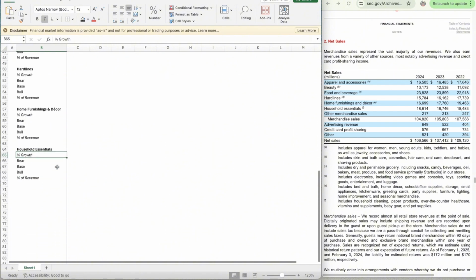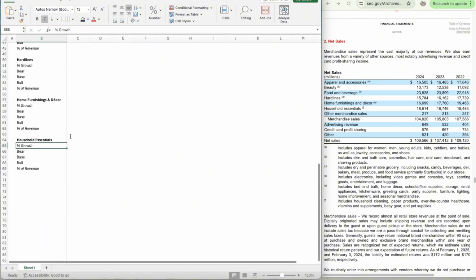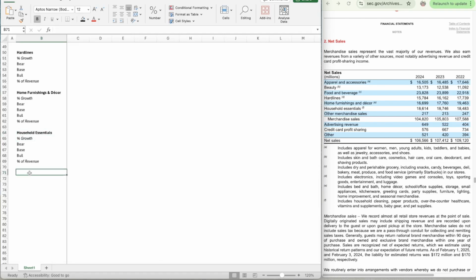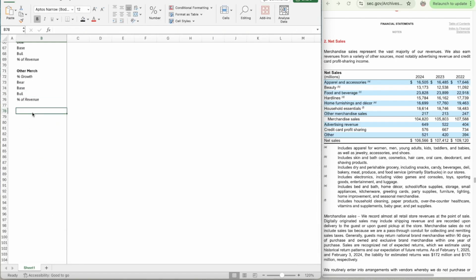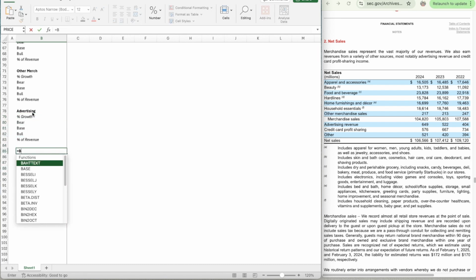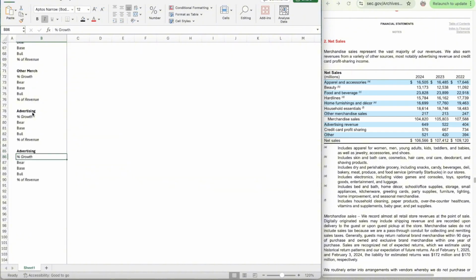That's still visible. B14 equals B15. Sorry.